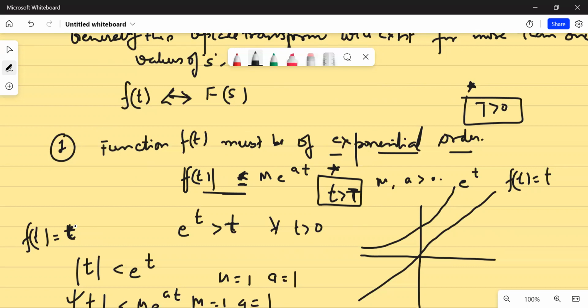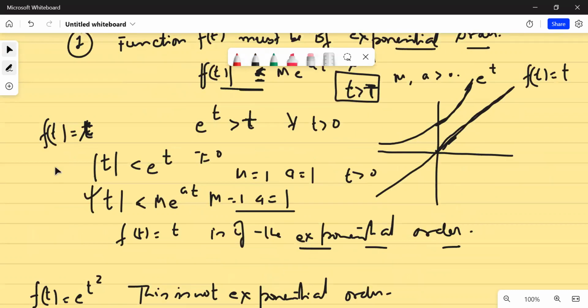So here, for f(t) equal to t, you can take capital T as 0, because for all t greater than 0, f(t) equal to t is less than e^t. So your e^t is rising above f(t).